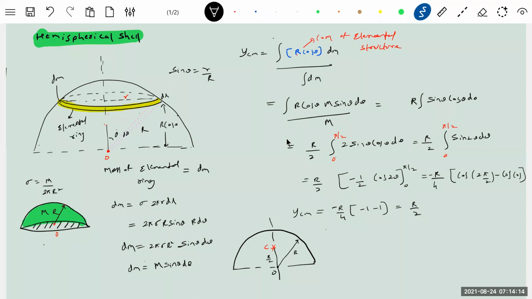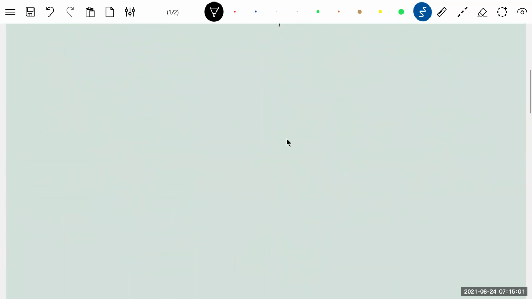Okay, look at this, I'll scroll down. We'll take the solid hemisphere, the center of mass of a solid hemisphere.